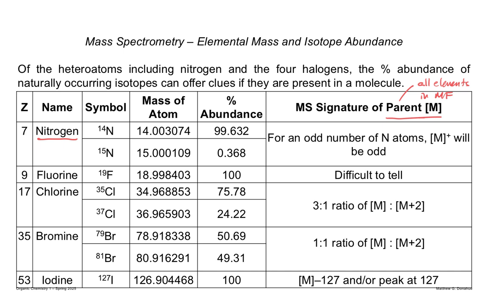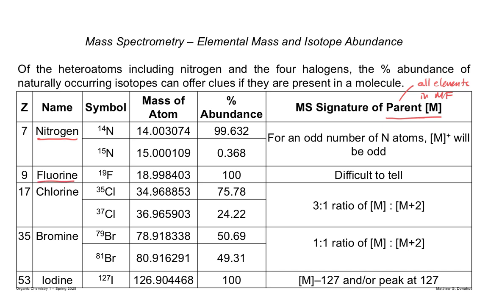If the parent mass number is odd, that means there are an odd number of nitrogen atoms. So that's one diagnostic. If the parent number is even, it can have an even number of nitrogens. And that's going to be a little bit more ambiguous, which will require the use of IR spectroscopy to help verify.